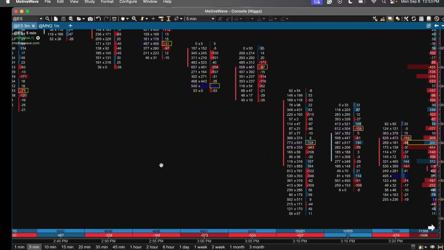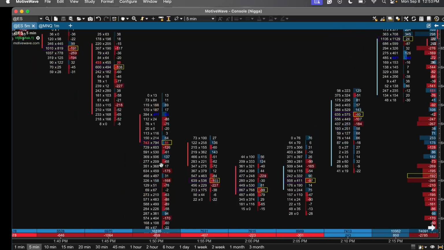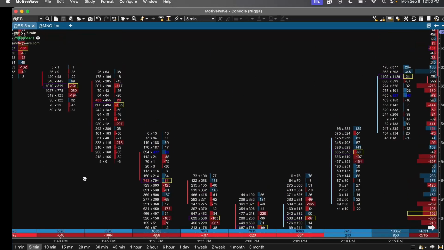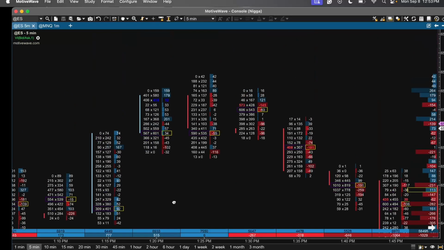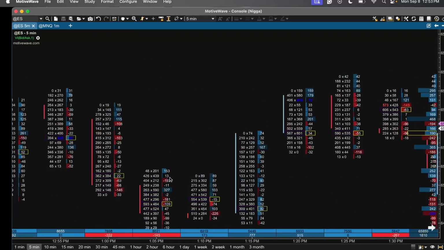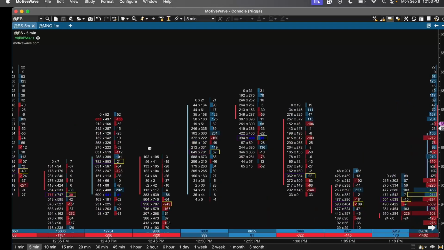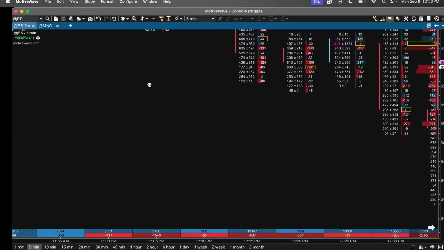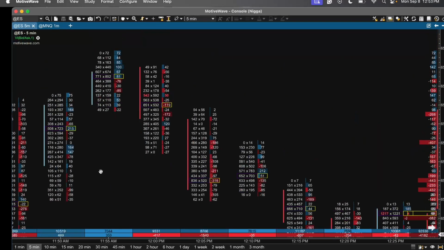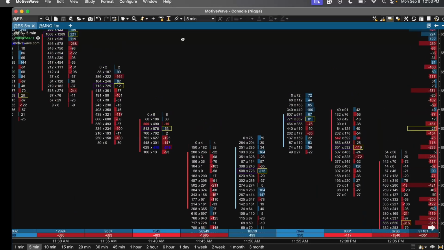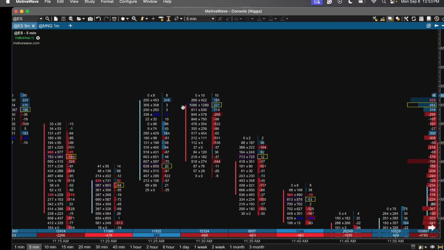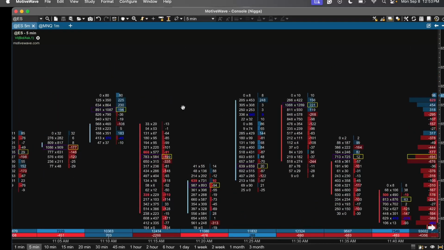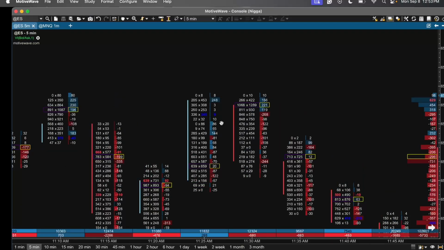Now, what is a good confluence of a reversal? Let me find a good example. I'm not sure if we had one today. A strong example, not really like this. I mean, it is, but you want to see a buy imbalance at the top.